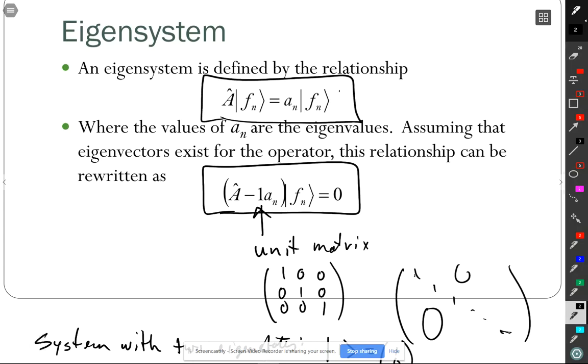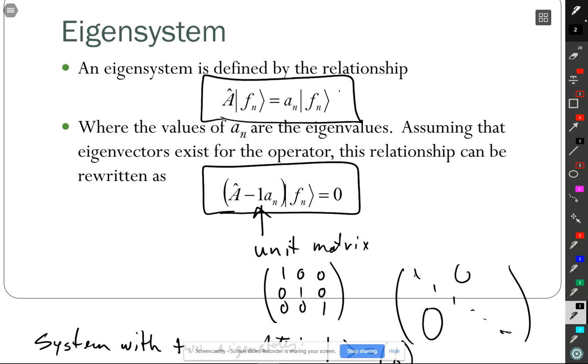So we're trying to find that function n where my operator, in this case I'm using the Hamiltonian h, acting on the function n gives me my eigenvalue times the same function, same eigenvector.